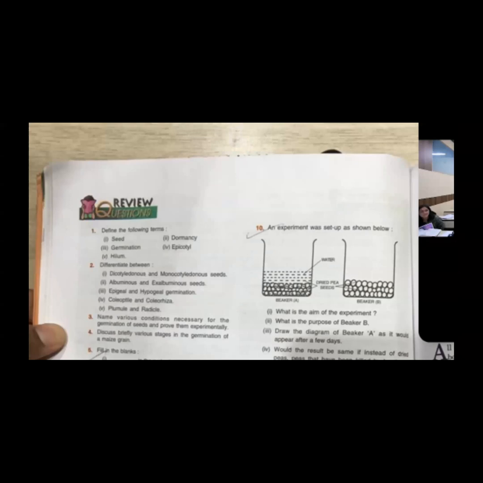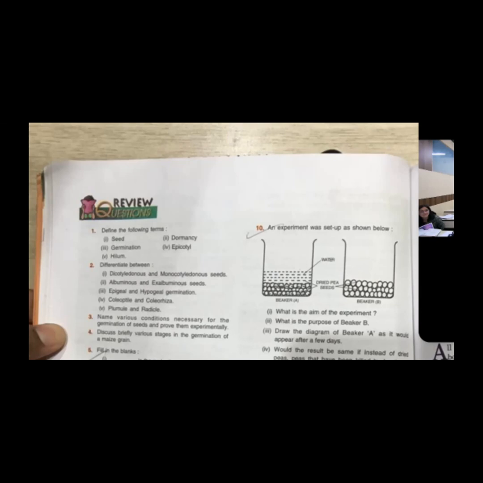So see that you are done with all the questions in your textbook. Other than that, in your textbook there are certain basic questions about the differences between hypogeal and epigeal germination, and the differences between coleorhiza, coleoptile, maize, and the bean seed. These are common questions that you should go through.